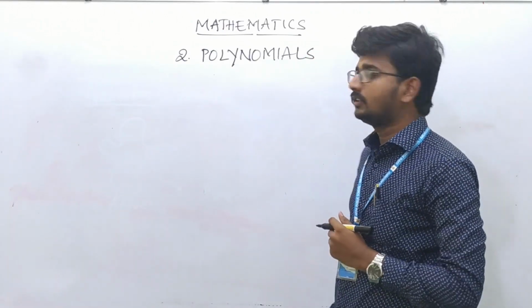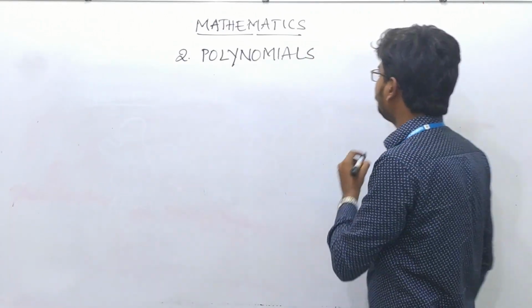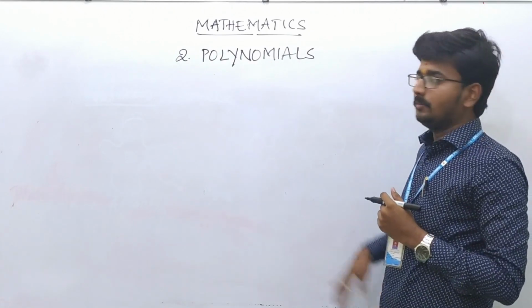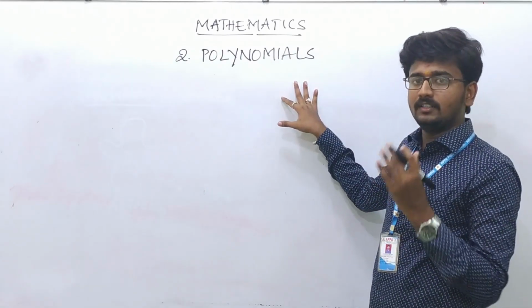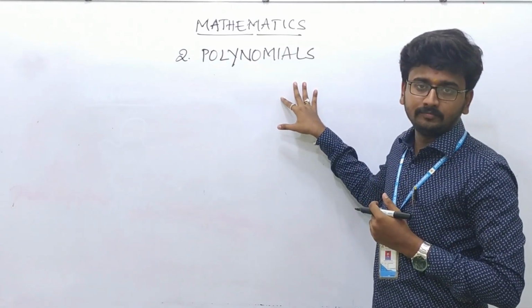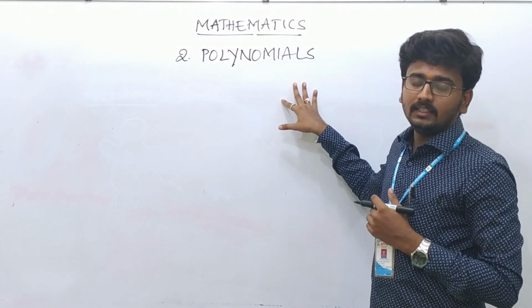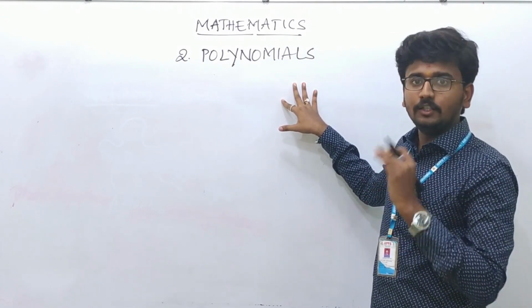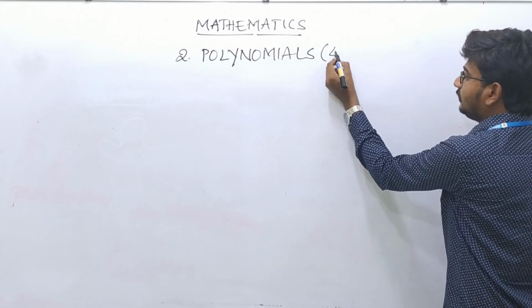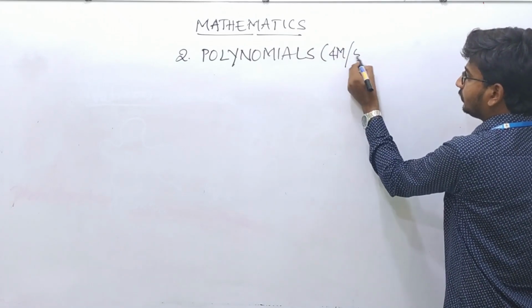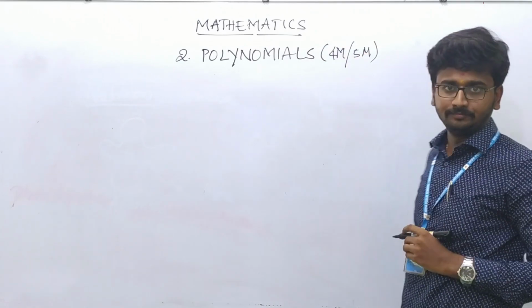Coming to polynomials, from your exam point of view, it comes under the algebra part. Algebra consists of 20 marks in total, and in that, polynomials cover around 4 or 5 marks.